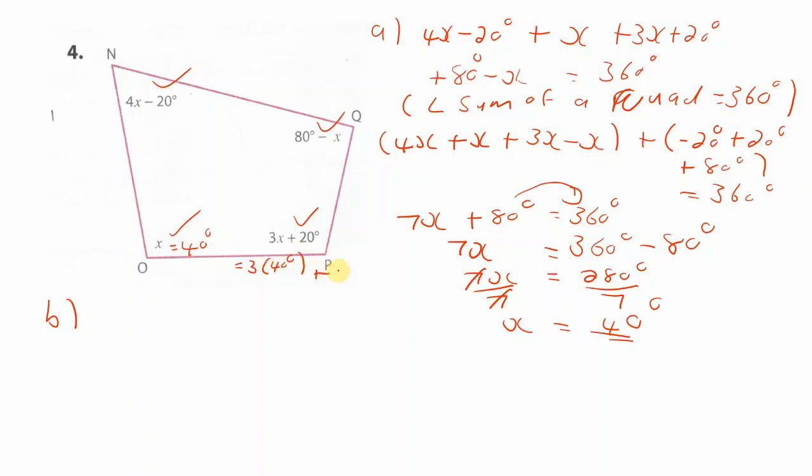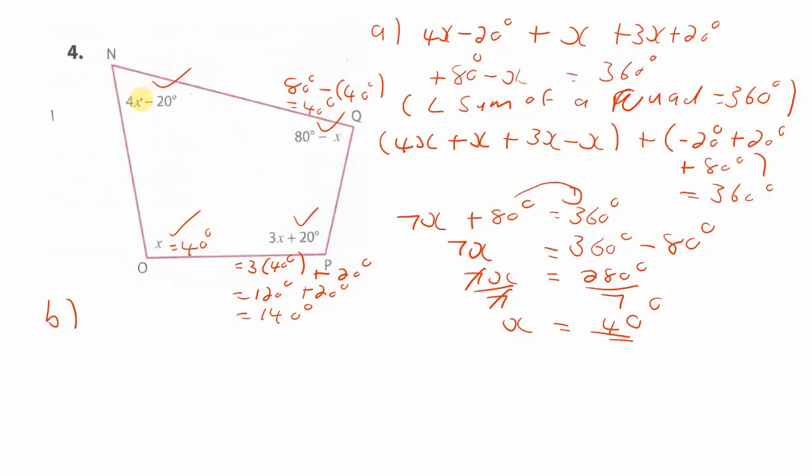We still have to add 20 degrees. 3 times 40 is 120 degrees, plus 20 degrees results in 140 degrees. Then here we have 80 degrees minus, in the place of x, 40 degrees. So 80 minus 40 is 40 degrees.